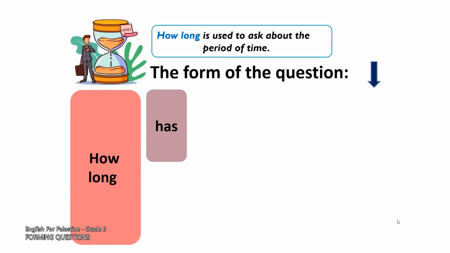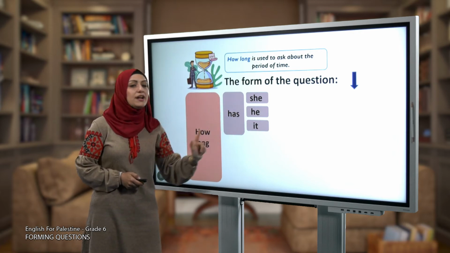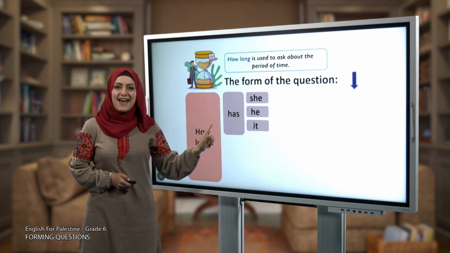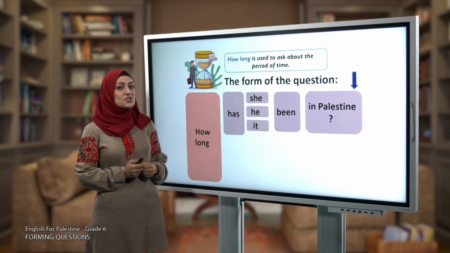Then we use has if the subject is she, he, or it. Always remember, if the subject is singular, he, she, or it, you should use has. And after that, we should put verb 3. And verb 3 of be is been. And you continue the question, and always remember to put a question mark at the end of the question.